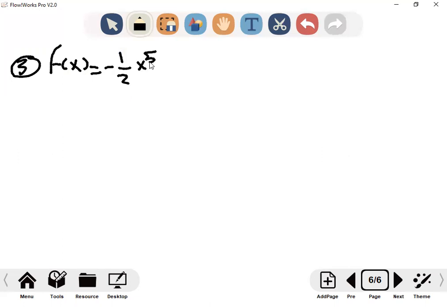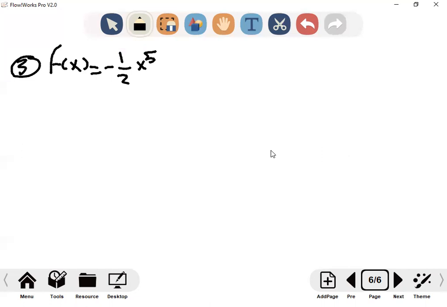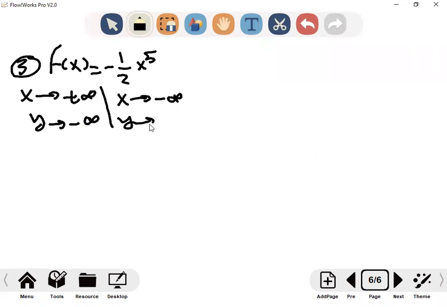It is the same as this, odd with a negative, right? So as x goes to positive infinity, y goes to negative infinity. As x goes to negative infinity, y goes to positive infinity. The domain is real numbers and the range is also real numbers.